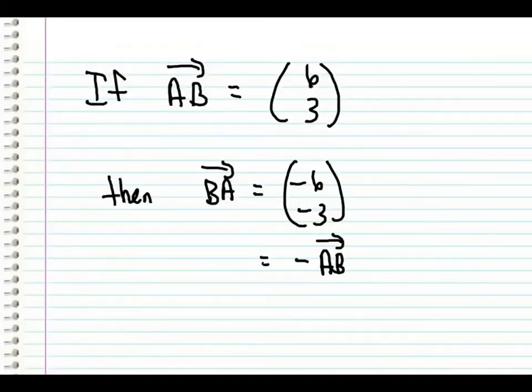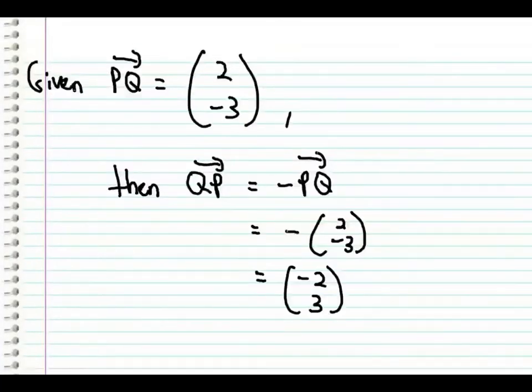If AB is (6, 3), then as you have observed, BA is (-6, -3), which is simply the negative of AB. So, if I have PQ and I want to find QP, then QP is simply negative of PQ.